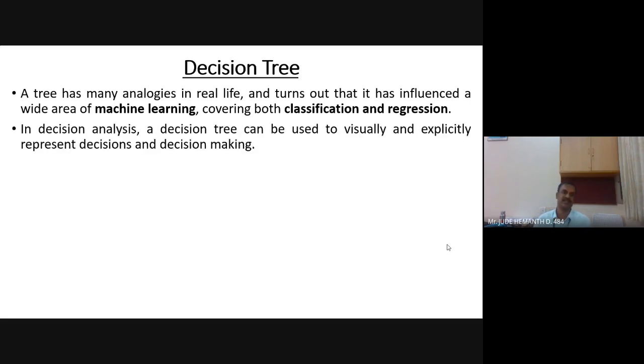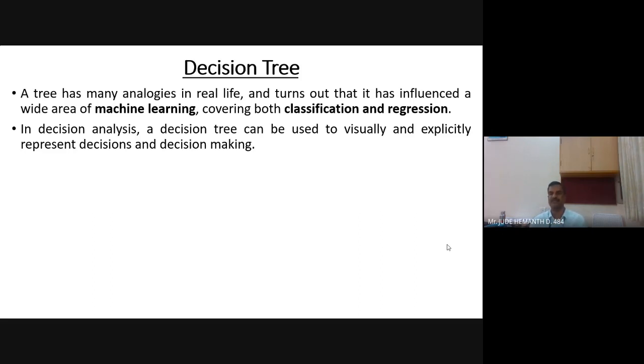So decision analysis or any classification or regression applications, a decision tree can be used to visually represent decisions, right? Visually means you can see. Normally, we go for algorithms which are mathematical in nature and the internal process are mostly hidden.